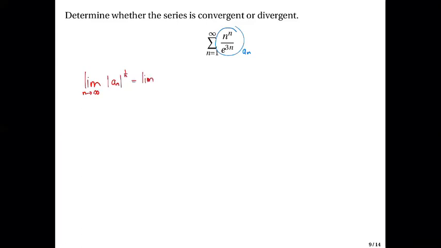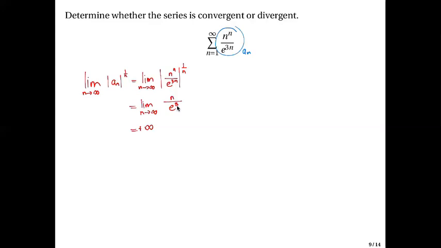So let us rewrite. Let us put the given a sub n. You have n to the n over e raised to 3n, absolute value, raised to 1 over n. But this is just what? The limit as n approaches plus infinity of n over e cubed. So we immediately conclude that this is just plus infinity. Denominator, it's constant.